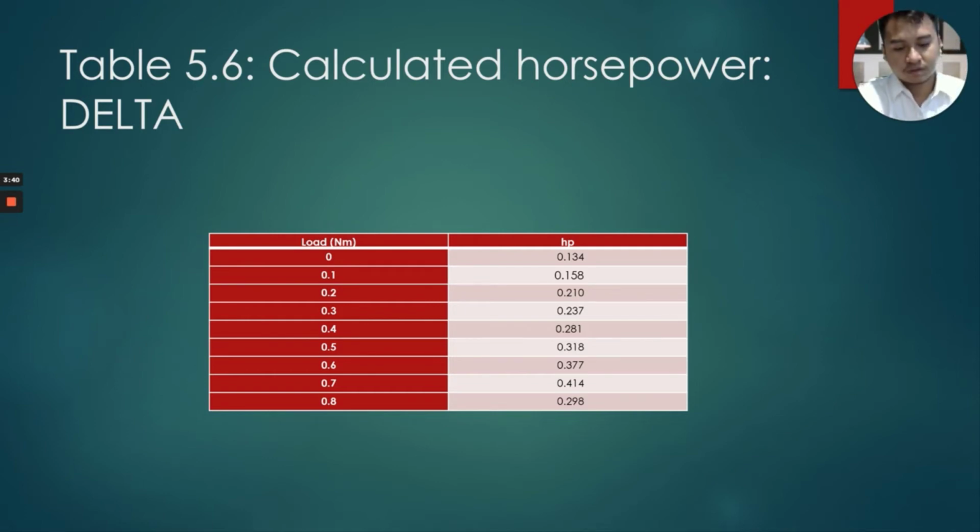And next, for table 5.6, the calculated horsepower data. For load value 0, the horsepower that we calculate is 0.134. For 0.1 we get 0.158, and for load 0.2 we get 0.21.